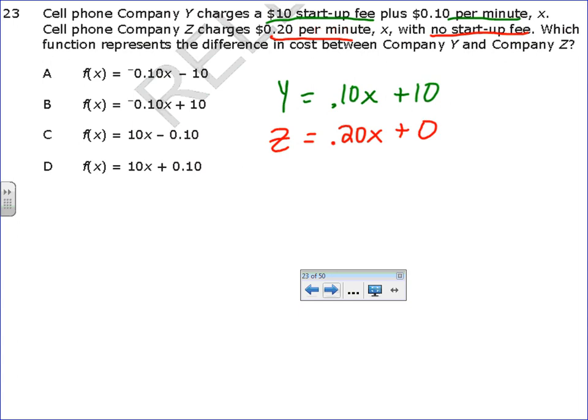The question says, which function represents the difference in the cost? Okay, so the difference in the cost, they have a difference in y-intercept of $10, and they have a difference here of 0.10.